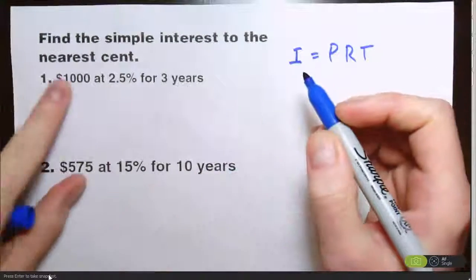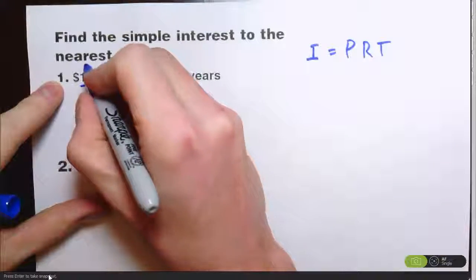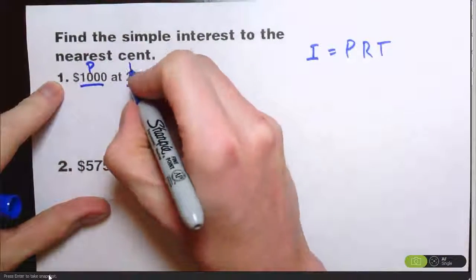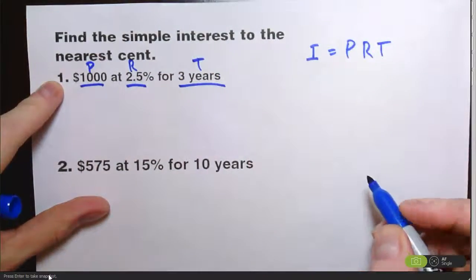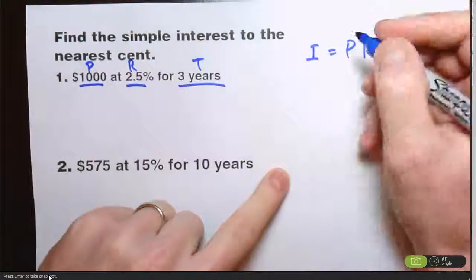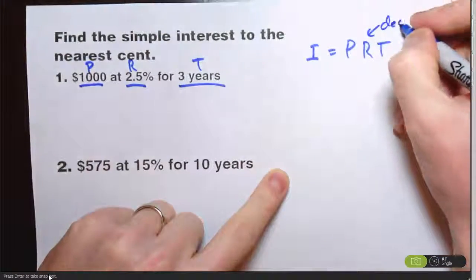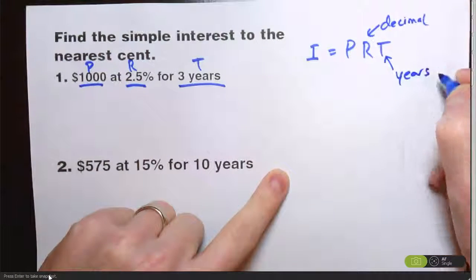So for number 1, this 1,000 is the principal. This is the rate, but I'm going to have to turn that into a decimal, and here's the time. And luckily this is in years, because if it's not in years, then I have to divide it by 12.